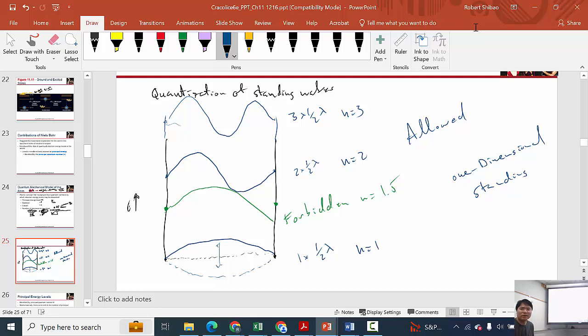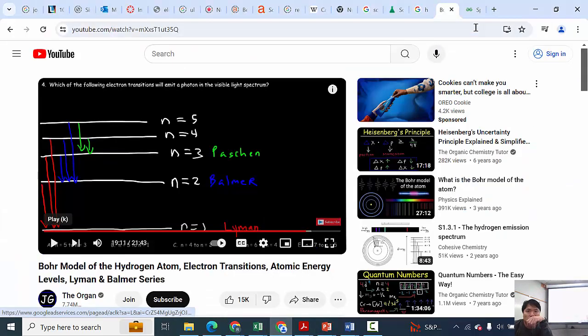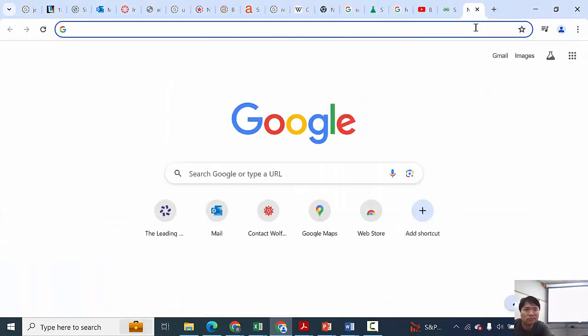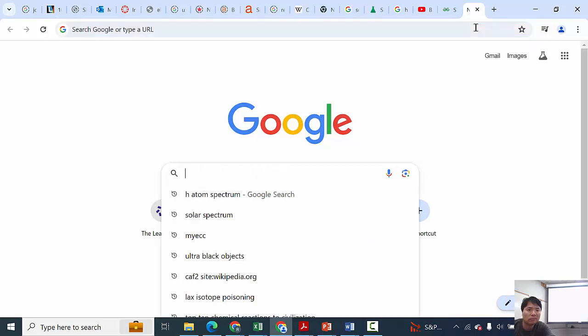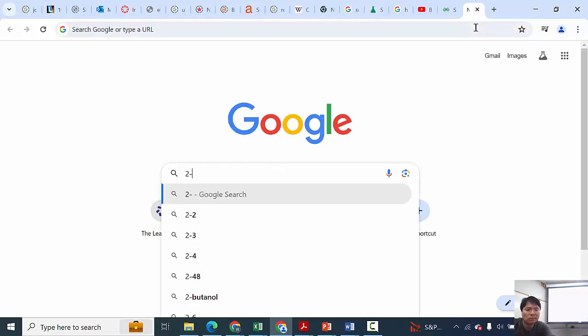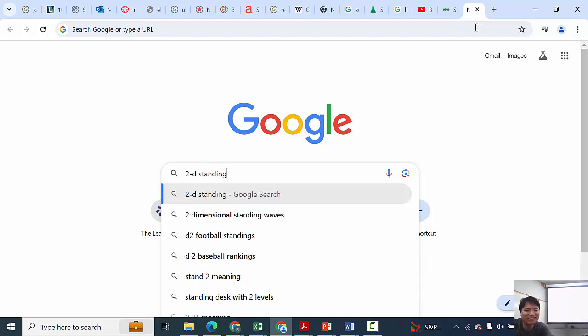One-dimensional standing waves are quantized. So let's take a look at two-dimensional standing waves.